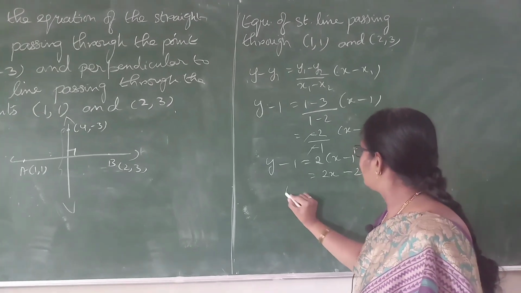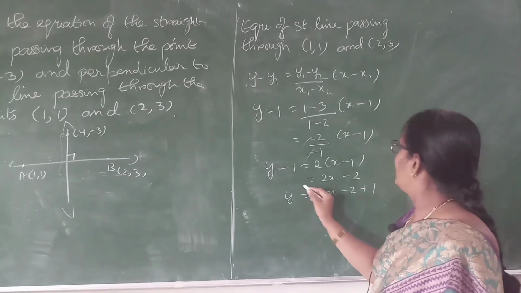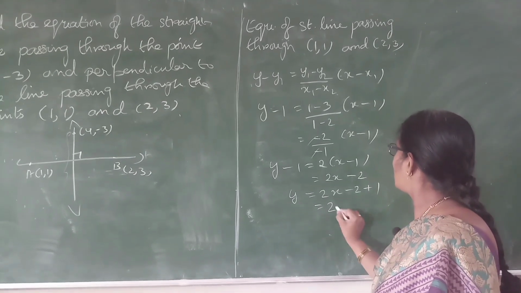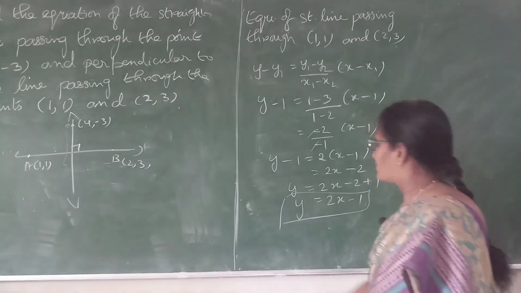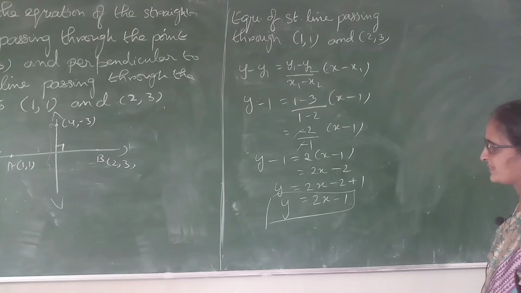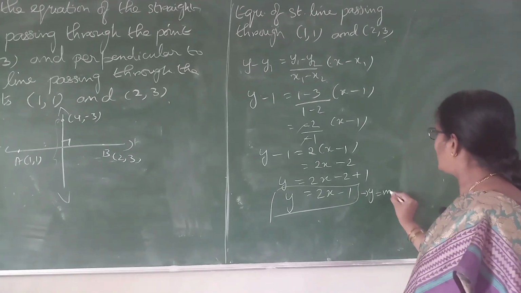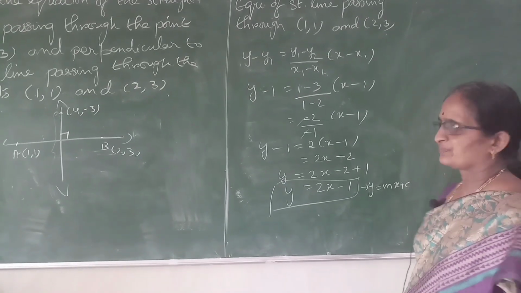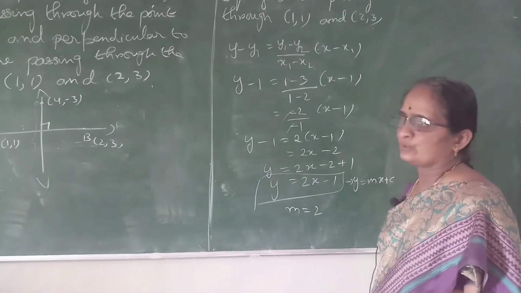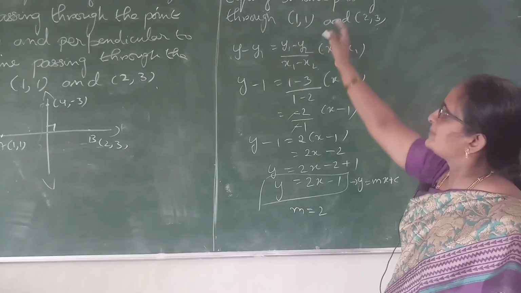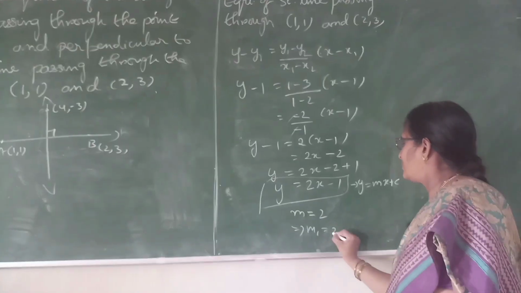Now y is equal to 2x minus 2 plus 1. That means 2x minus 1. So this is the slope form of the straight line. This is in the form of y equal to mx plus c. So from this we can find out m is equal to 2. So this is the slope of this particular straight line, which we write as m1 is equal to 2.